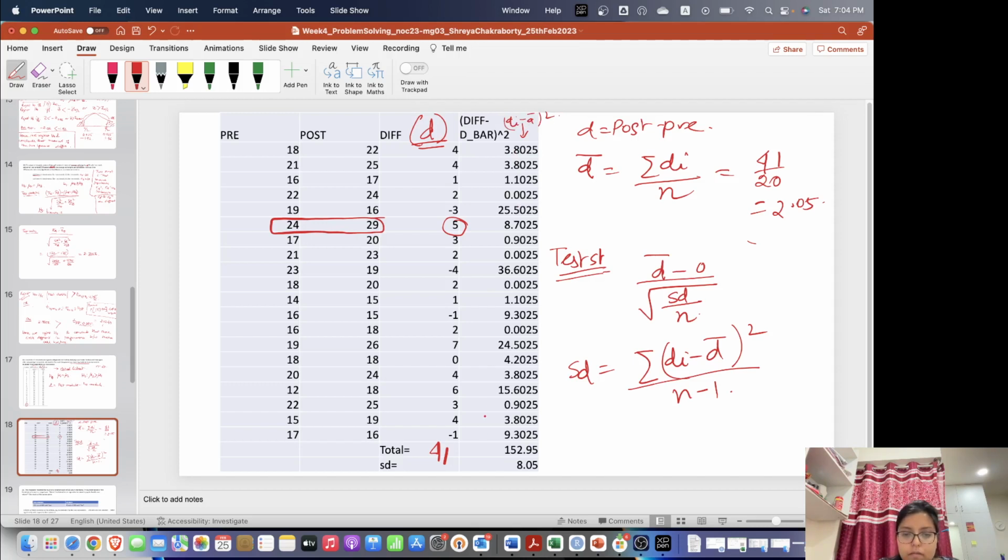Let us just check if whatever I am saying is true or not. D bar is 2.05. So if we take this one, this is the easiest one. For this one, d is 0, d bar is 2.05, so d minus d bar whole square is 2.05 whole square, which is 4.2025.